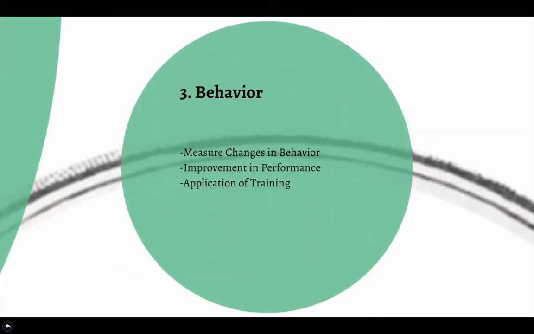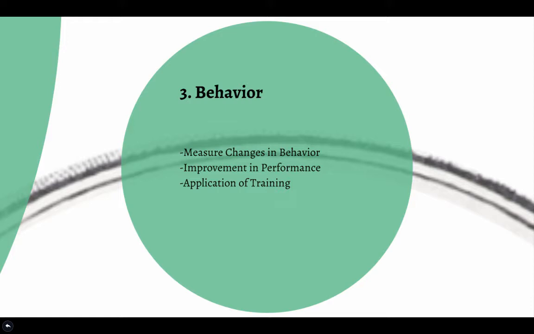Level 3 is behavior. At this level, you evaluate how far your trainees have changed their behavior based on the training that they've received. Specifically, this looks at how trainees apply the information. It's important to realize that behavior can only change if conditions are favorable. For instance, imagine you skip measurement at the first 2 Kirkpatrick levels, and when looking at your group's behavior, you determine that no behavior change has taken place.